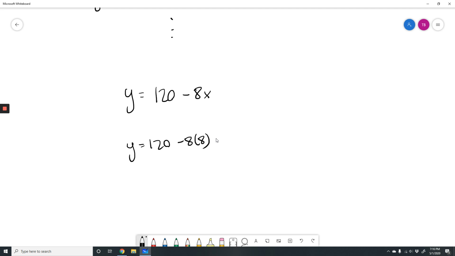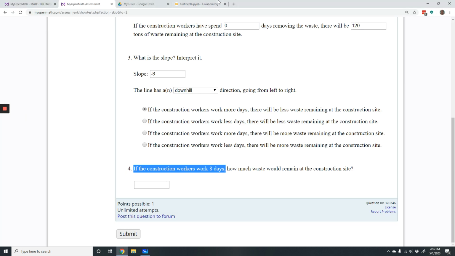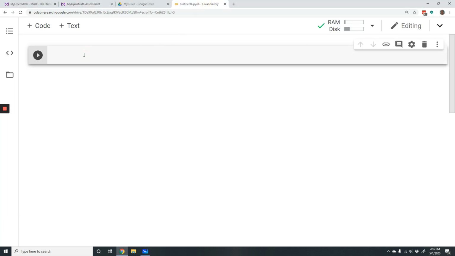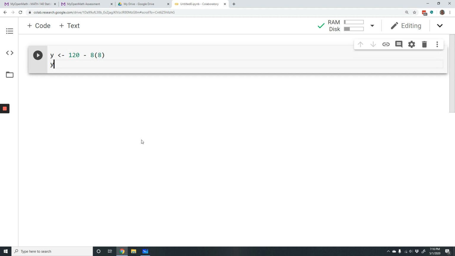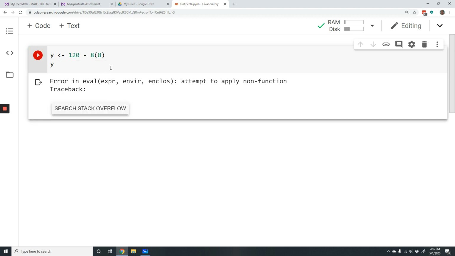And I'm going to calculate that. So we could use a notebook. If you're comfortable calculating that with pen and paper, you could do that too. Okay. So I have 120 minus 8, that's our slope, multiplied by the 8 days we're going to be working. And let's see what our y value is. Oh, you see what I did wrong?